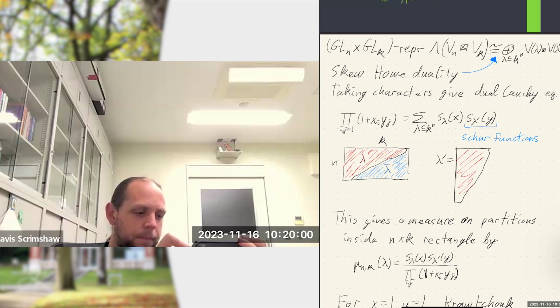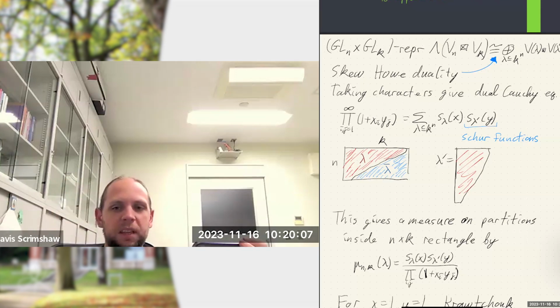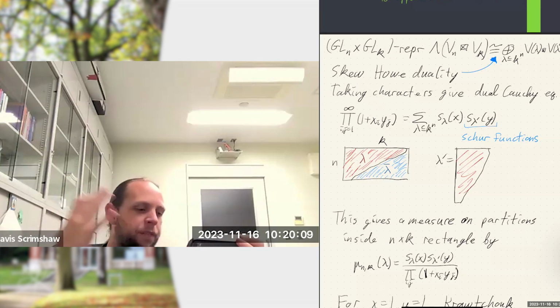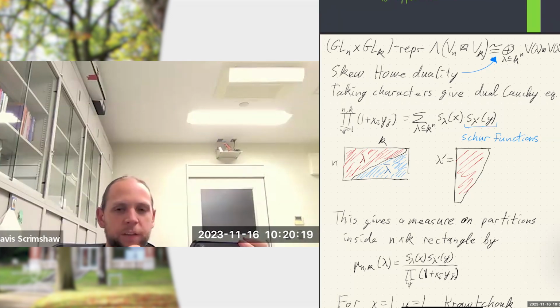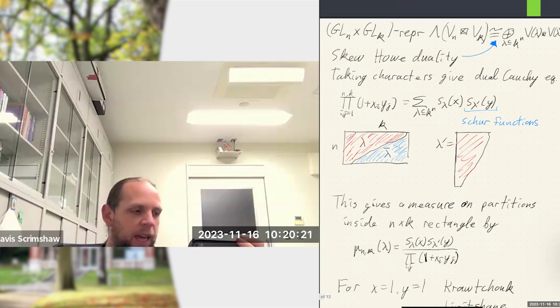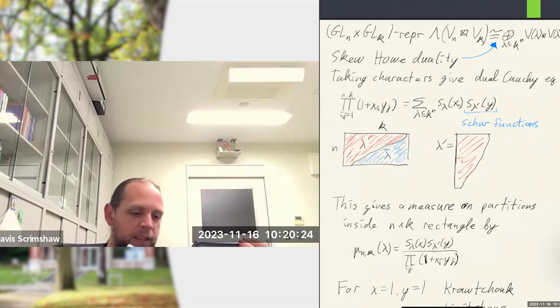Sorry, no. Essentially, we will restrict it down to finitely many variables, but this actually holds for infinitely many variables. Since I want to do it for GL_n and GL_k, I'll restrict myself to finitely many variables. So I have x_1 up to x_n and y_1 up to y_k for these Schur functions.